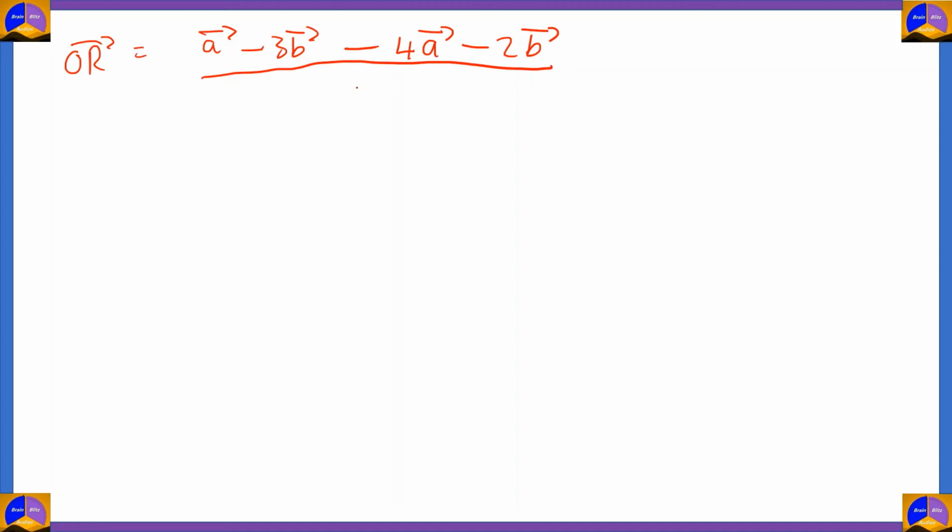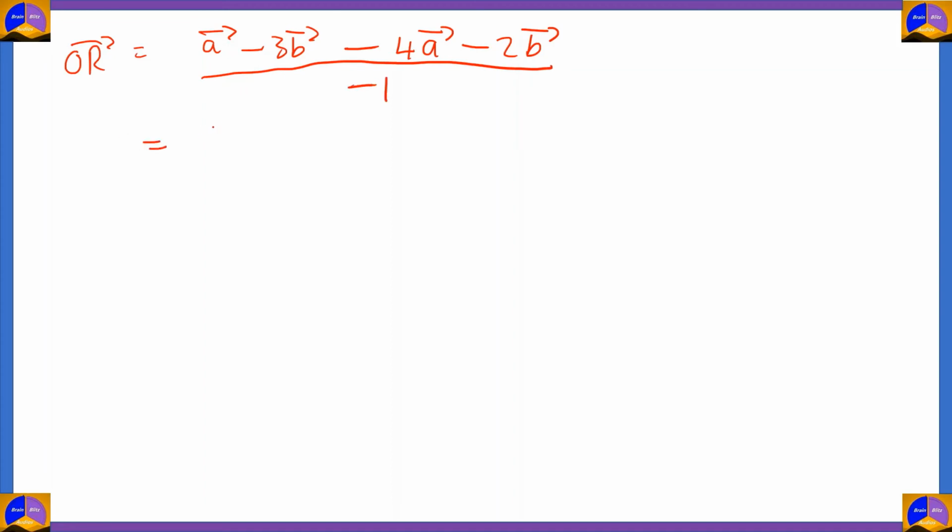Let's simplify this. We get vector A minus 3 vector B minus 4 vector A minus 2 vector B, the whole divided by 1 minus 2, which is minus 1.